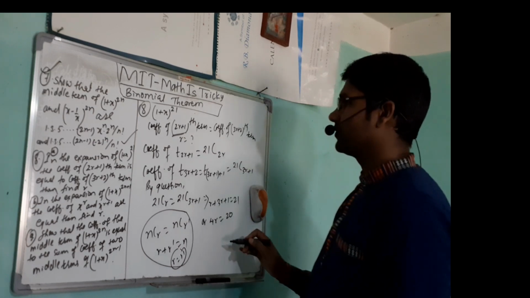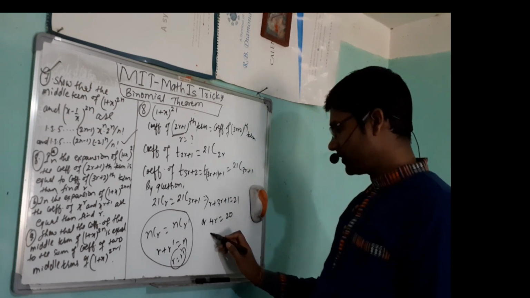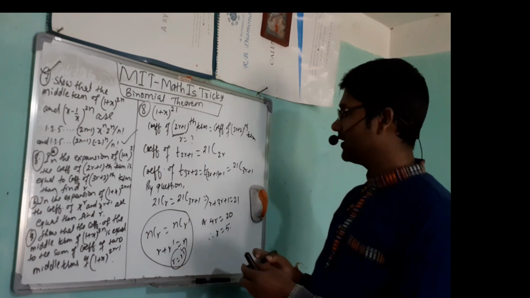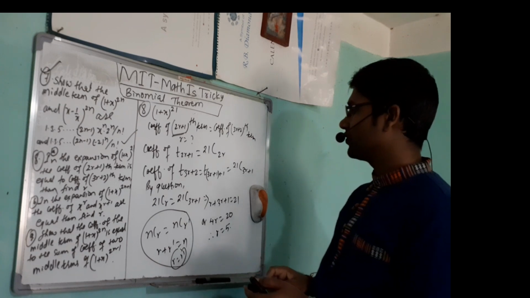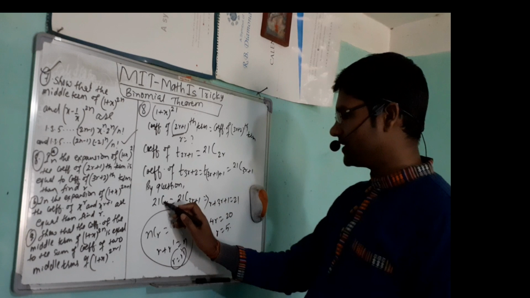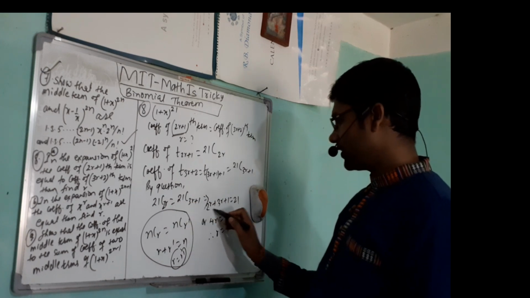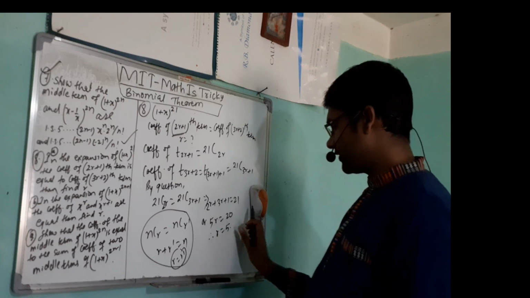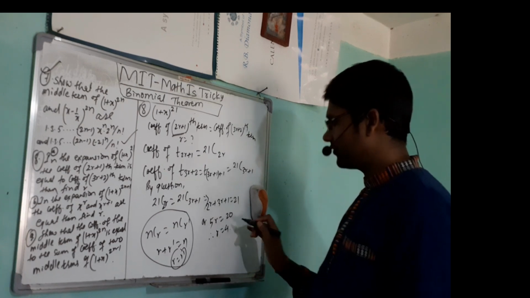Okay, so what do we get here? Therefore r equals 4. This is our answer. Actually sorry, I was missing here 2r, so it will be simply 5r, so you will get here r equals 4.